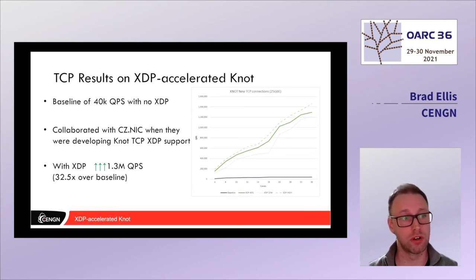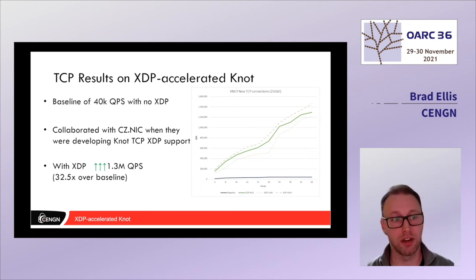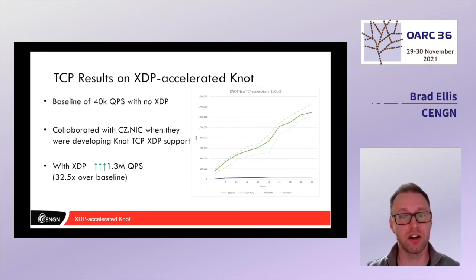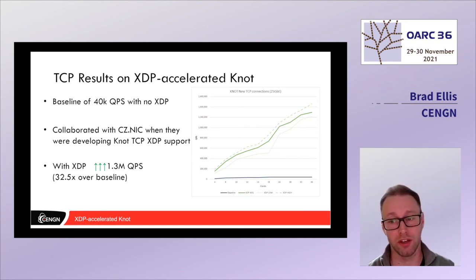Next, we're going to focus on TCP results. So this is a little bit harder. It takes more tuning and so on. Our baseline was around 40,000 queries per second without XDP on. So when we were doing this, Knot didn't actually have XDP for TCP. So we collaborated with them.